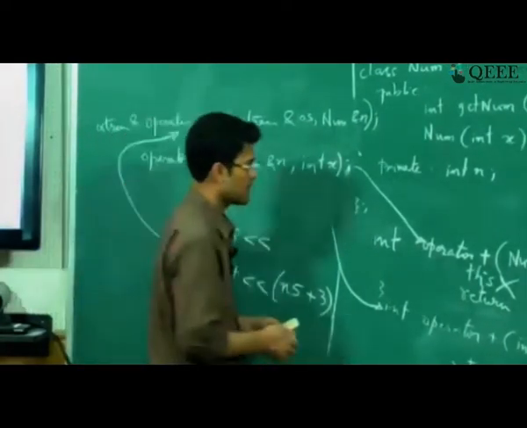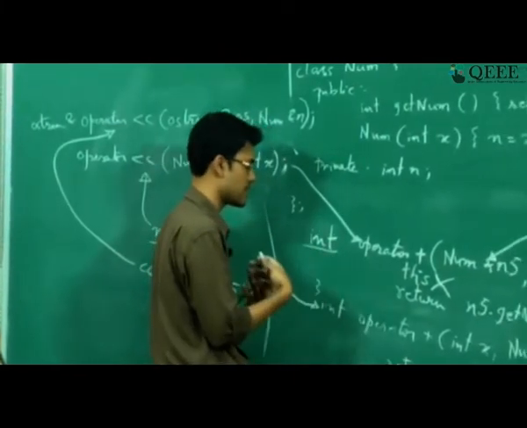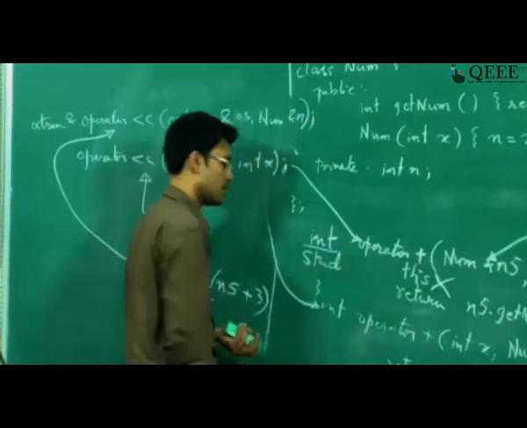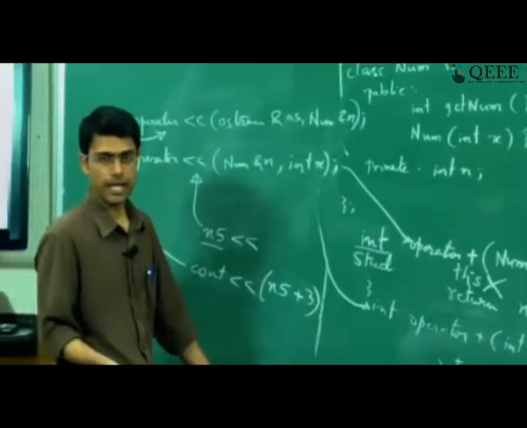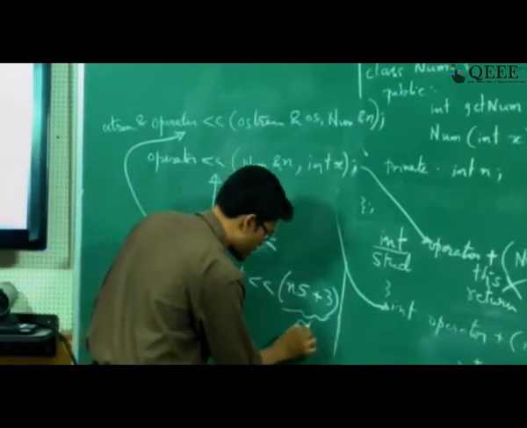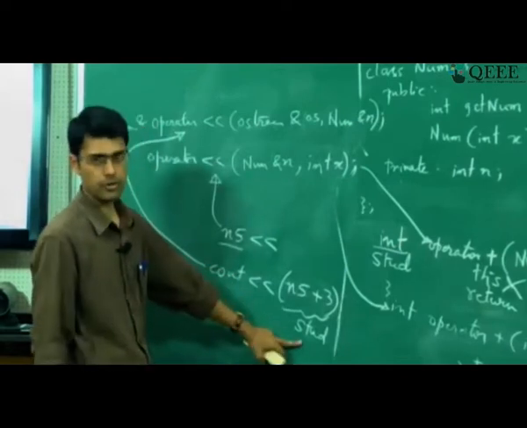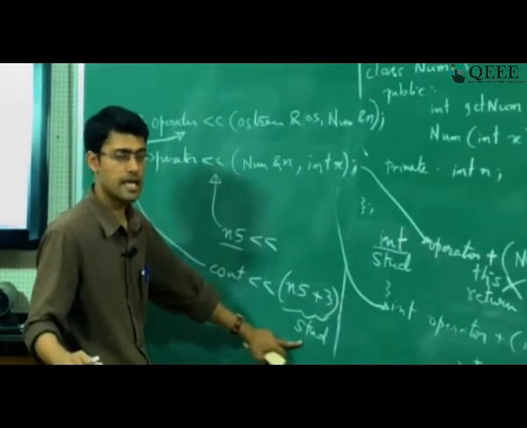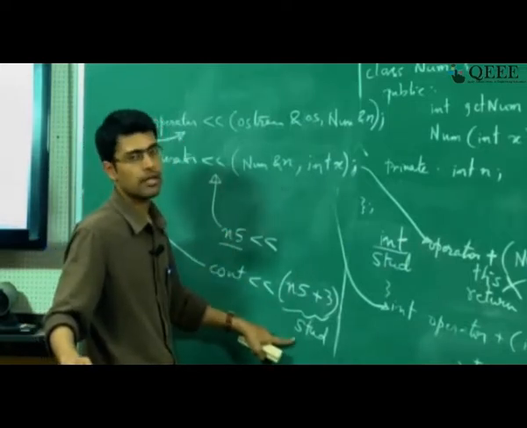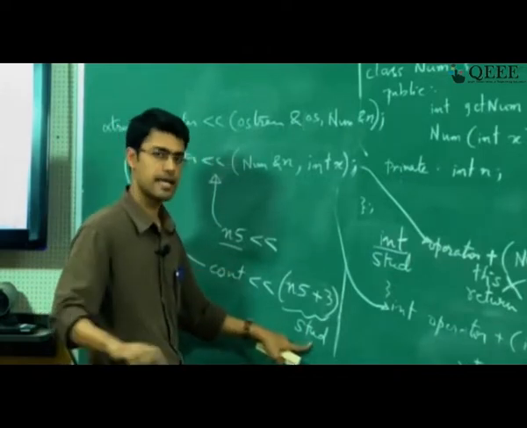In case you have an operator which returns something other than int, let's say I have a student class which is being written, and you have this part returning a student, then cout does not know about the student because it is likely to be a user defined class. In such cases, you need to define an operator left shift which takes ostream and student as the two arguments.